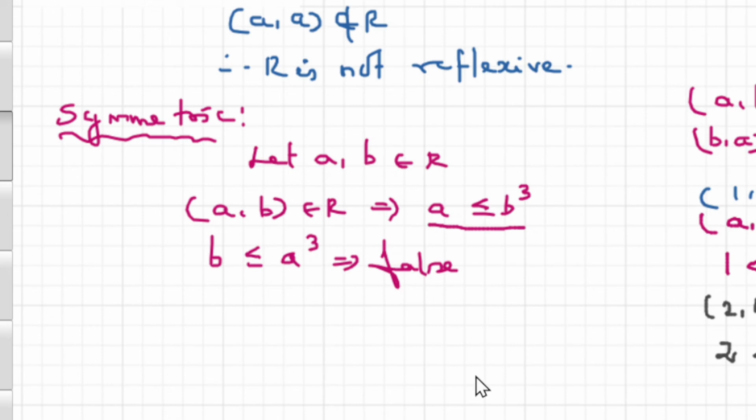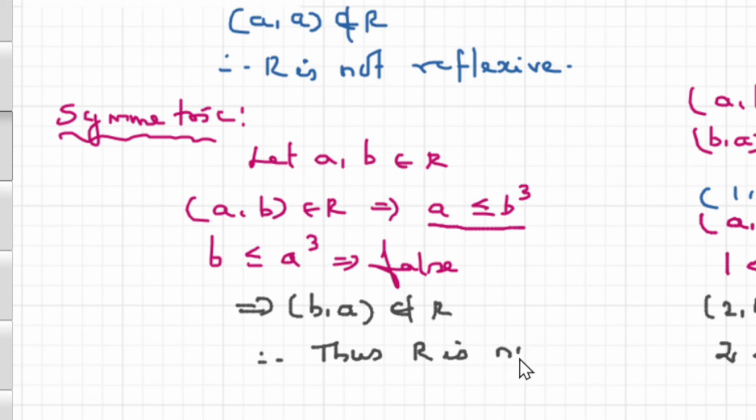This is false. So from this example it is clear a is less than b cube, but b less than a cube is false. Therefore (b, a) does not belong to R, and thus R is not symmetric.